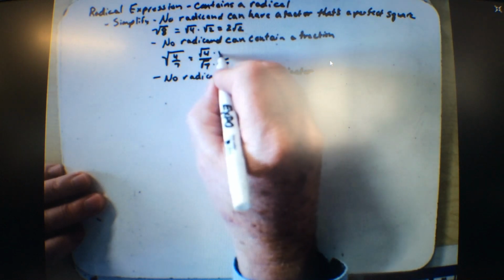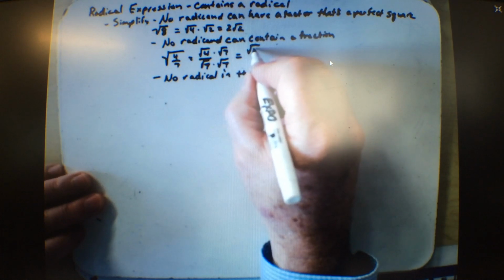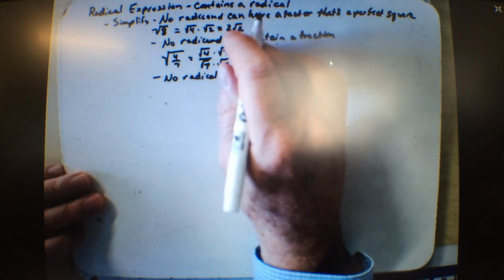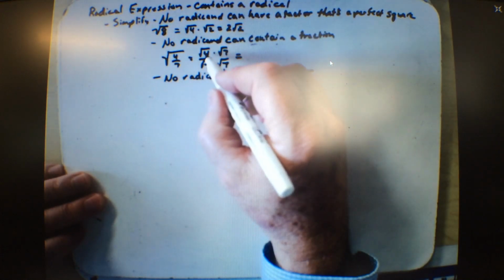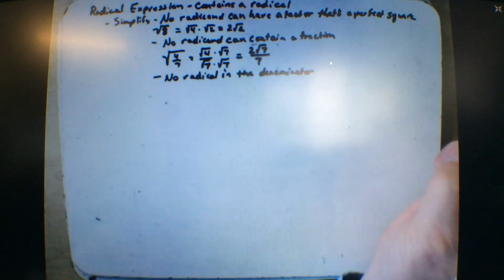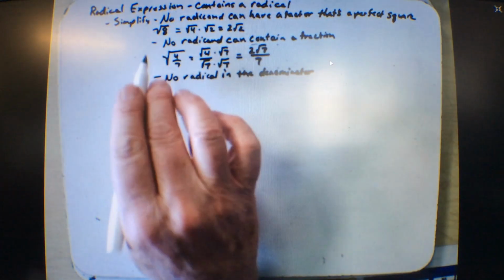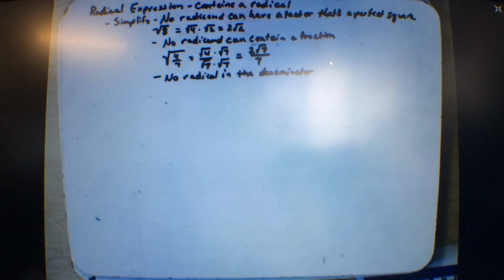So we would take this times the square root of 7, the top and bottom. We'd have the square root of 28. What is the square root of 4? 2. So I'd have 2 square root of 7 over 7. Do you remember that? And this is called rationalizing the denominator. Once you've done these things, then the radical is considered simplified. Okay? You remember that?